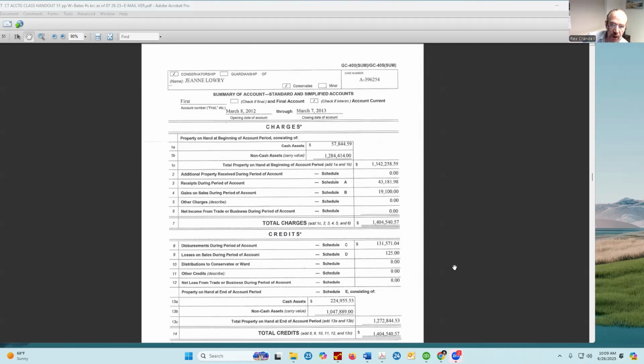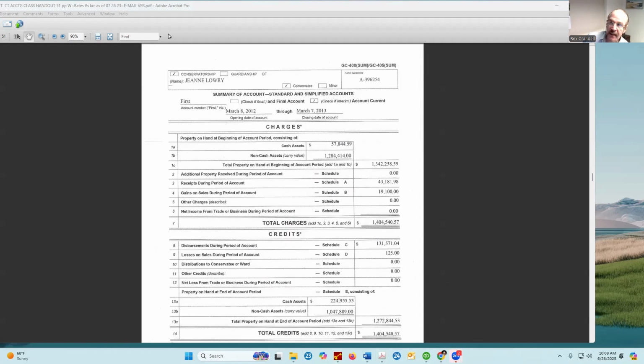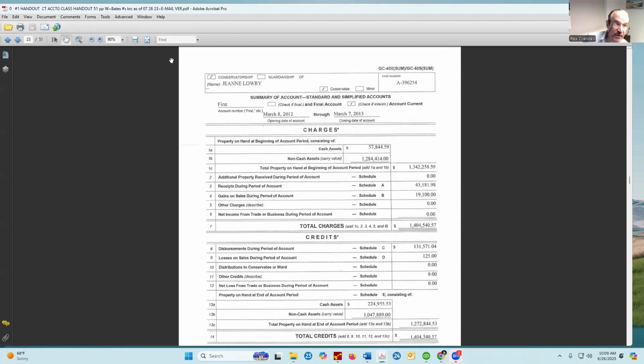Okay, so what I was saying is the bottom left of the forms, we have page number 21, while my PDF page is 23, so I point out that mismatch. What we have here is what we call the GC 400 sum, and it's the required form for the court accounting.